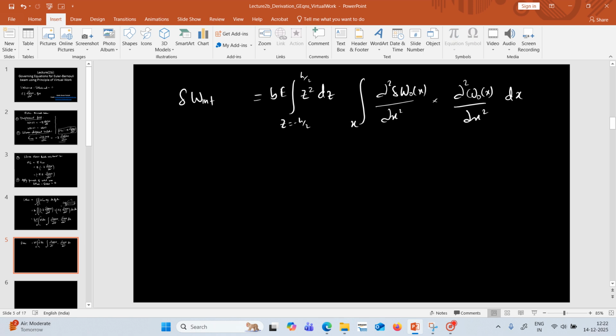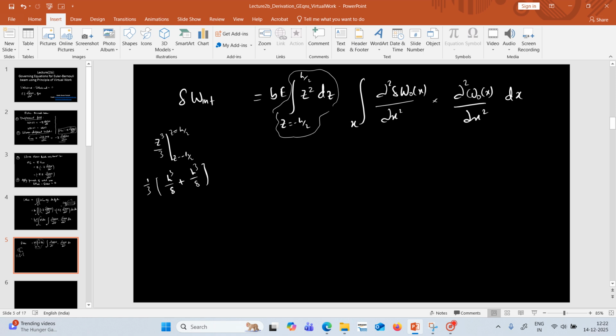Now if we integrate this part with respect to z, what do we get? We get z cube by 3, integrated from z equals minus h by 2 to z equals plus h by 2. Putting in the values, 1 by 3 outside, it would be h cube by 8, and minus of minus would be plus h cube by 8.